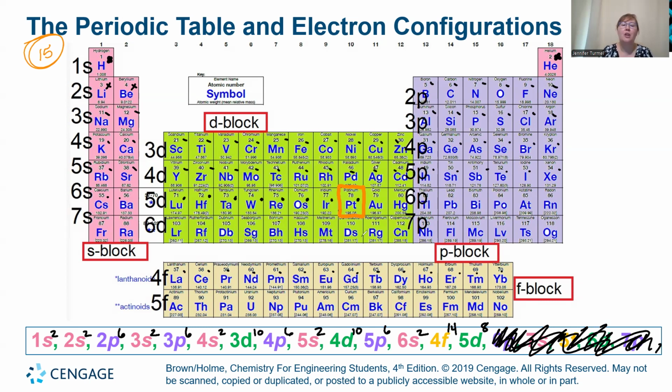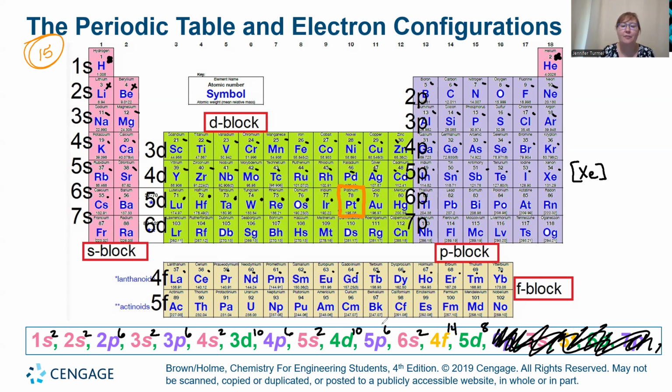It's also very cumbersome. So what we're going to do now is we're going to say, okay, let's have some noble gas configurations as well. So we're still on platinum. And here's platinum. Now our previous noble gas here is xenon. So we can say, okay, here we have Xe for xenon.